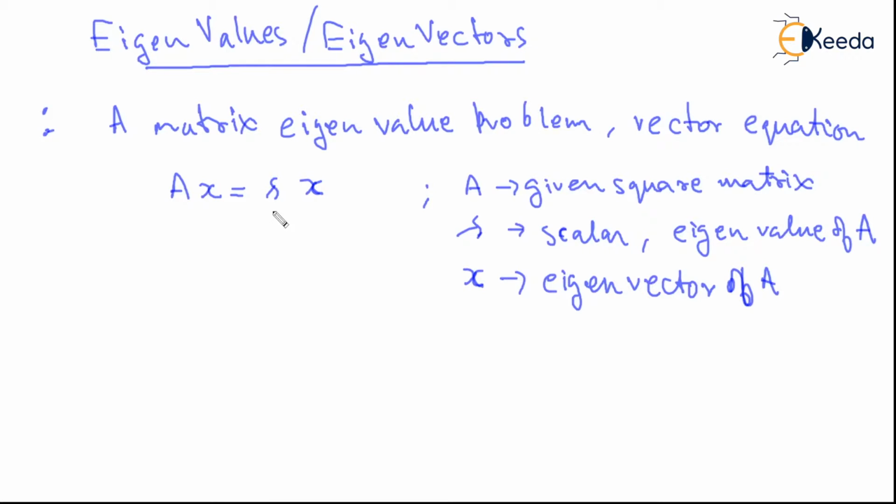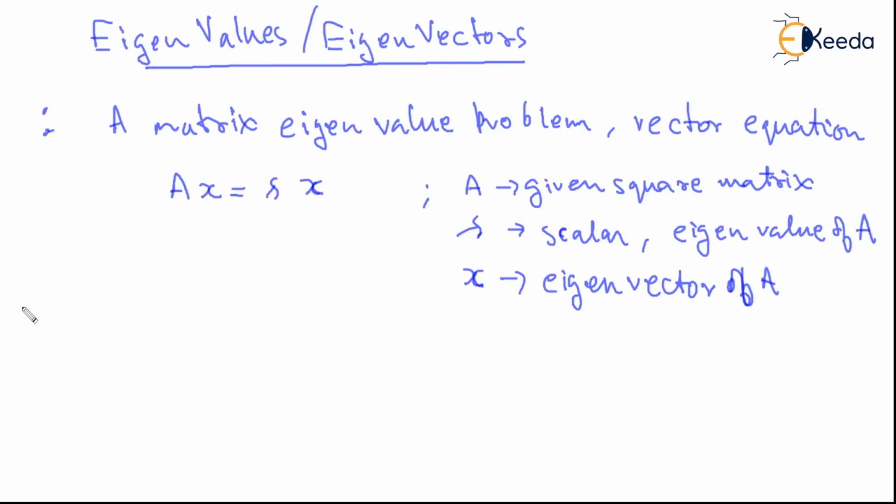So the point is, matrix multiplication of this eigenvector x, where A is the matrix, gives a vector which is in the same direction as the original vector x. Or you can say that matrix multiplication does not change its direction. So that is the geometrical meaning of this, right?